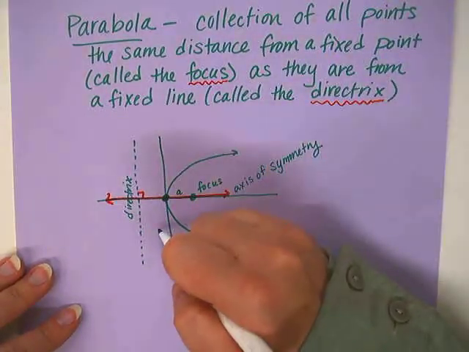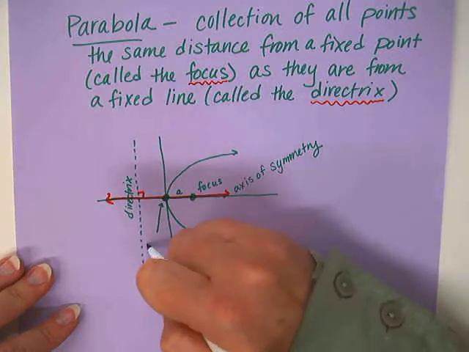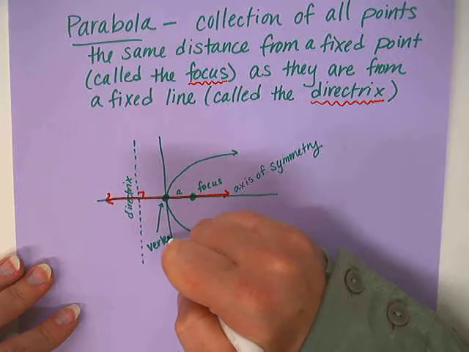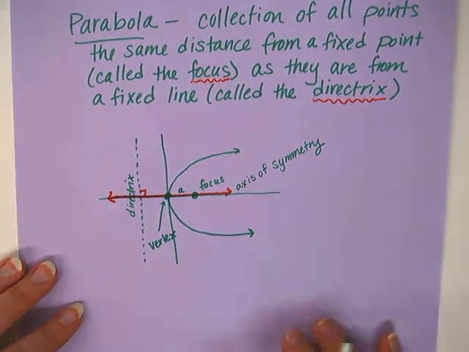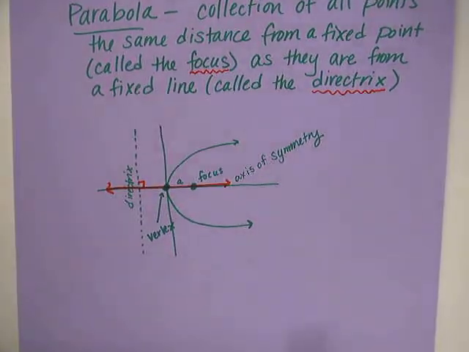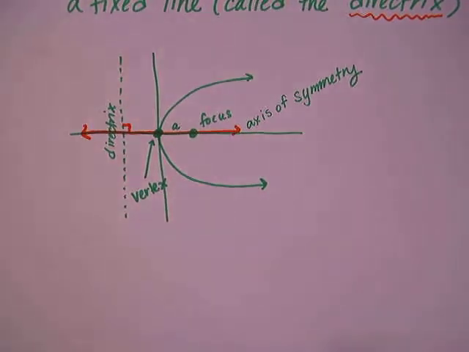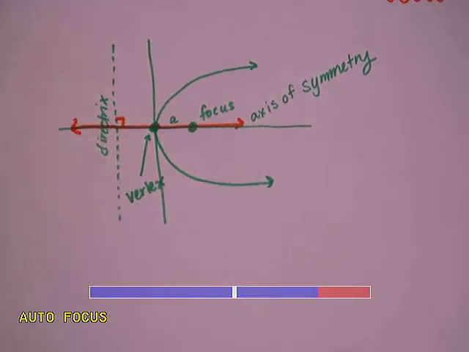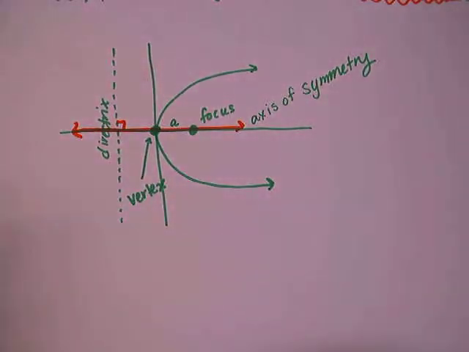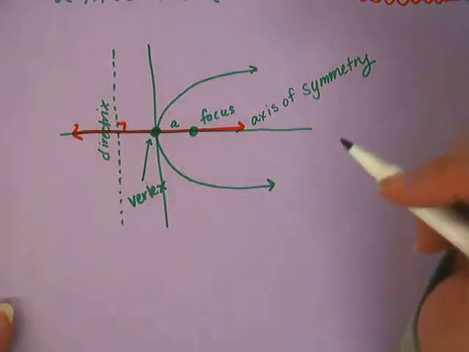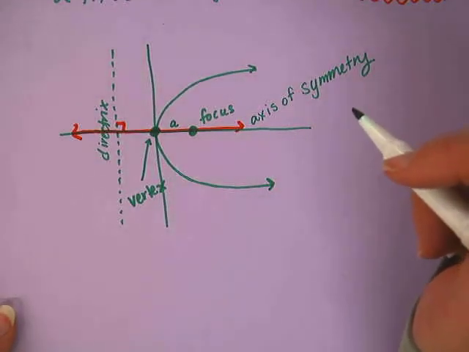Way to remember that. So that point right there is called the vertex. Okay, so important vocabulary here: directrix, focus, vertex, axis of symmetry.